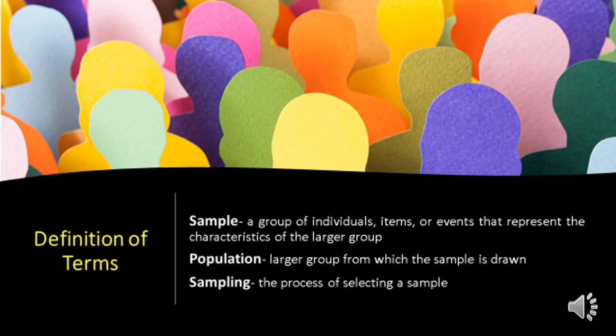So in a research study, testing a sample, especially in quantitative study, can allow the researcher to make inferences about the performance of the larger group, which is known as the population. So the process of selecting a sample is known as the sampling.